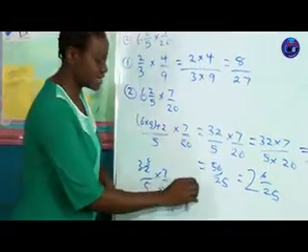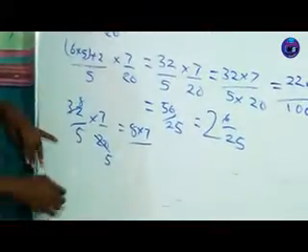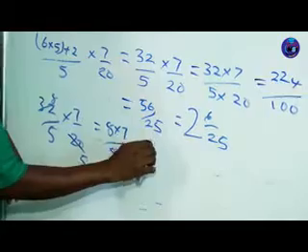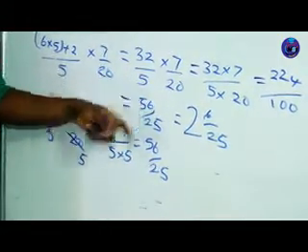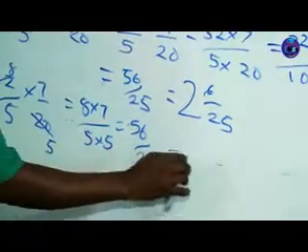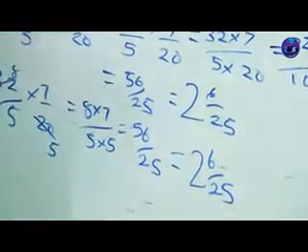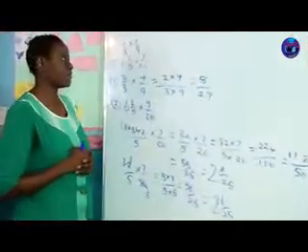So I have 8 times 7 all over 5 times 5, giving me 8 times 7 is 56 all over 25, which is what I've gotten here. 56 over 25, now giving me 2 whole number, 6 over 25. I'm emphasizing this because there could be some questions where you could just cross out directly.